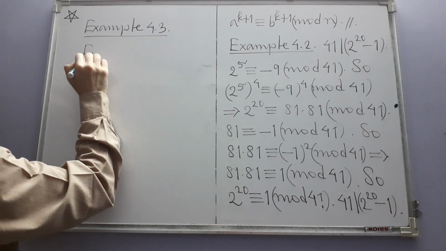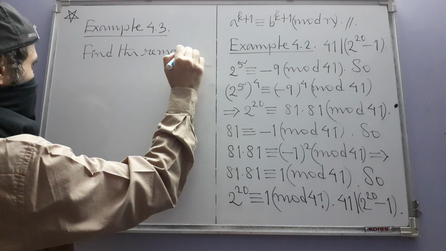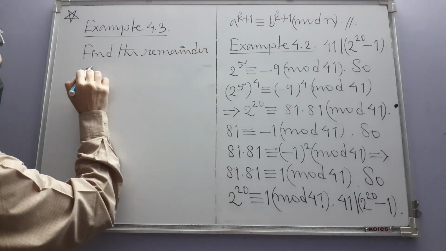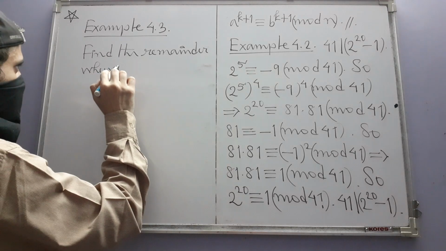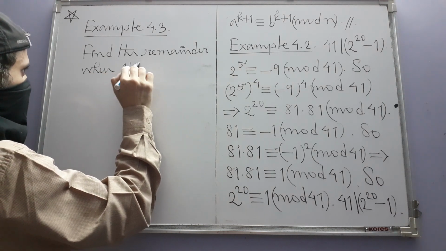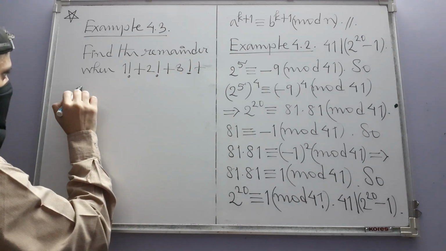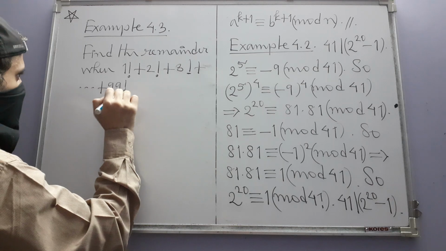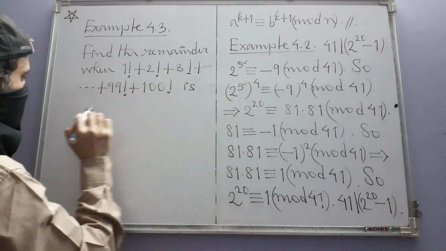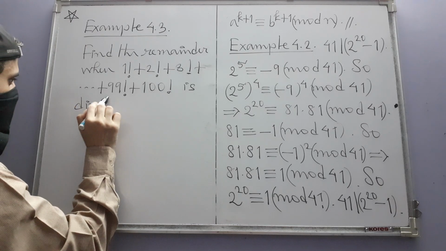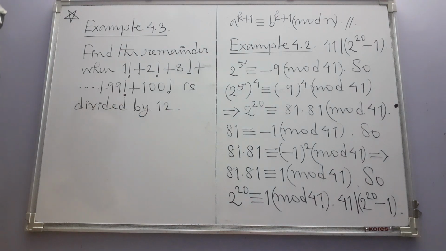Find the remainder when this number is divided by 12: 1 factorial plus 2 factorial plus 3 factorial and so on up to 100 factorial is divided by 12.